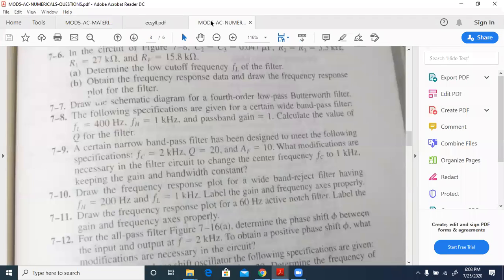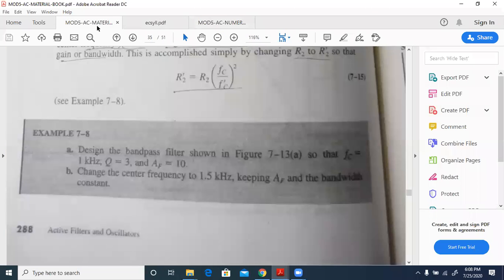That's the only change we should make to get the center frequency of 1 kilohertz. FC is 2 kilohertz, and FC dash is 1 kilohertz. So the new value of FC is FC dash.